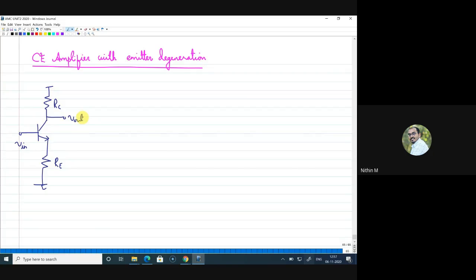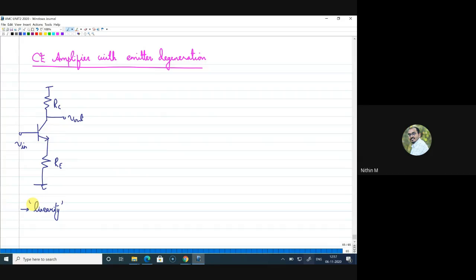Now, as we have understood MOSFET amplifiers based on source degeneration, we know that the circuit basically improves linearity. I hope you remember about this. I mentioned in the common source amplifier that generally the addition of this resistance will improve linearity.